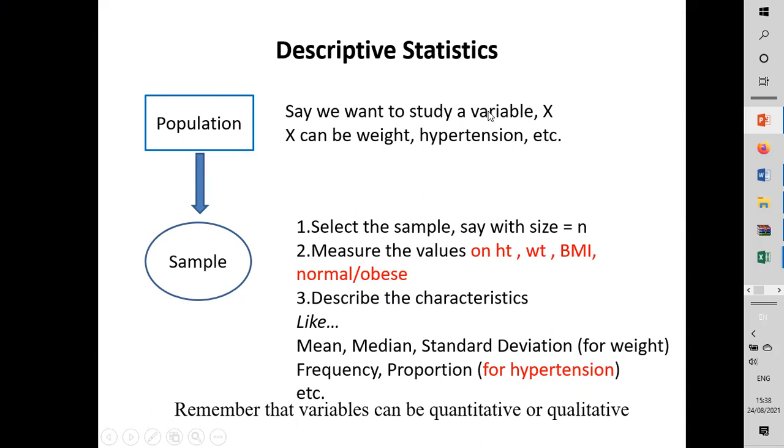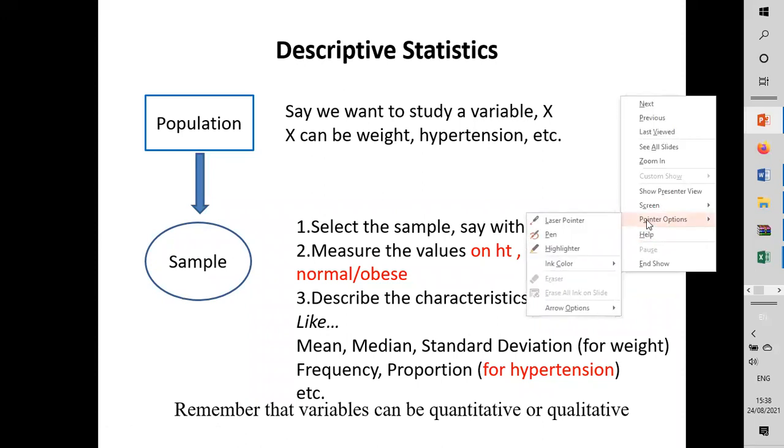What's a variable? What's the definition of variable? Anyone can help?